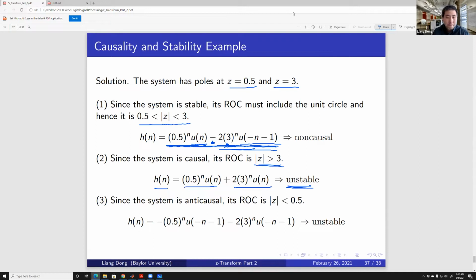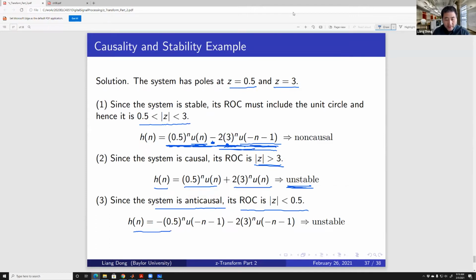Right? The third problem is if the system is anti-causal, so I know the entire thing is anti-causal, therefore, the region of convergence is the interior of a circle including the origin. So the region of convergence is |z| strictly less than 0.5, less than the radius defined by the first pole.